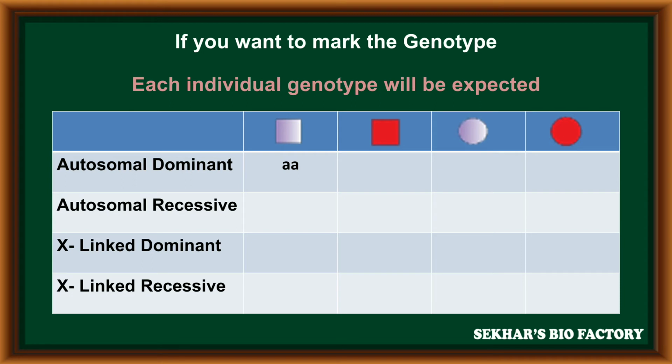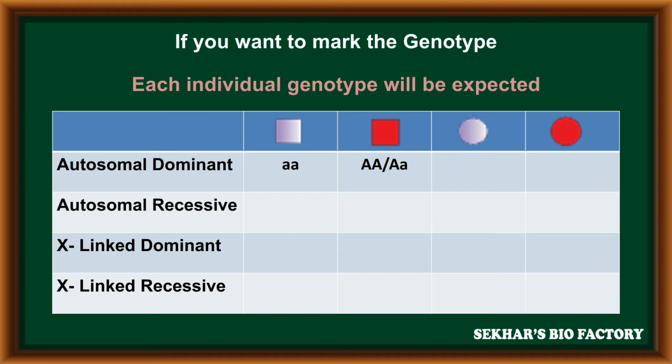But here the male with the homozygous recessive condition becomes unaffected, so the expected genotype of an unaffected male is small a, small a. And in an autosomal dominant disorder, if a dominant allele is there, then the male is affected, so the genotype is expected as capital A capital A or capital A small a.